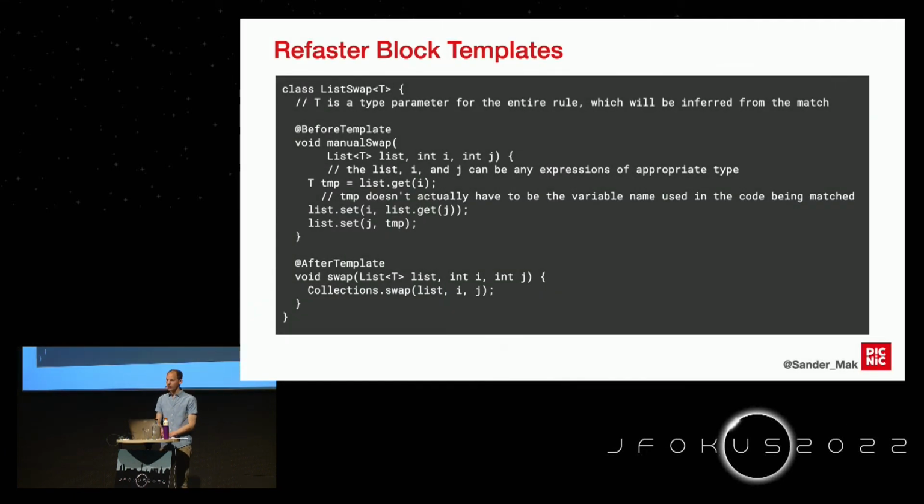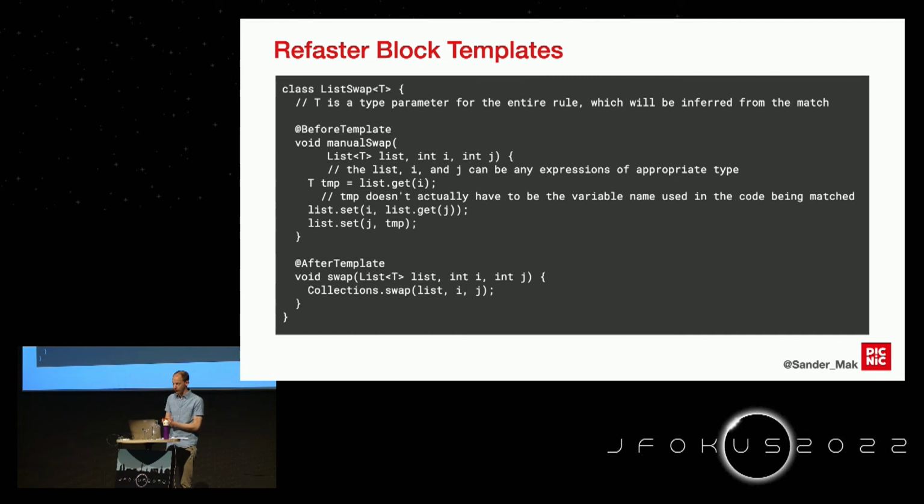So can you only do expression rewriting? No, these Refaster templates can do more. You can also specify a sequence of statements that you want to rewrite into another sequence of statements. These do have to match structurally in this way. There's no real variability in the statements that can come in between.